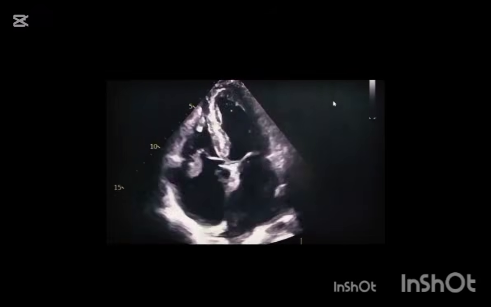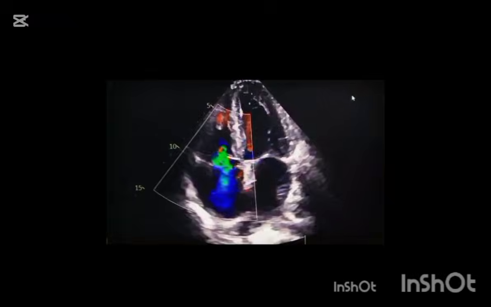They are usually found in older patients and arise from either the mitral valve or the aortic valve, and sometimes from the tricuspid valve. Papillary fibroelastomas are small, generally from 0.5 to 2.0 centimeters in diameter, and are often confused with vegetations.